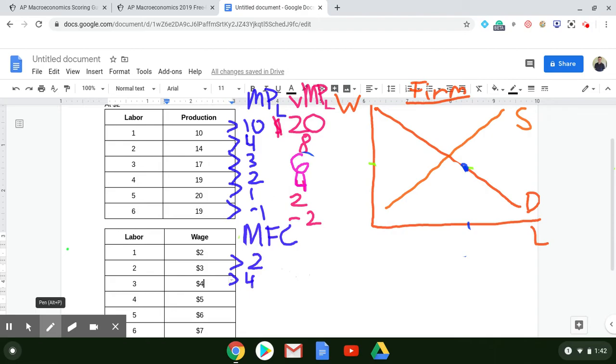Now to hire the fifth person: $1 extra to hire them, an extra dollar for the third person, $2 extra for the second person, and $3 extra for the first person. So I think that's $7. Marginal factor cost is $7 more.